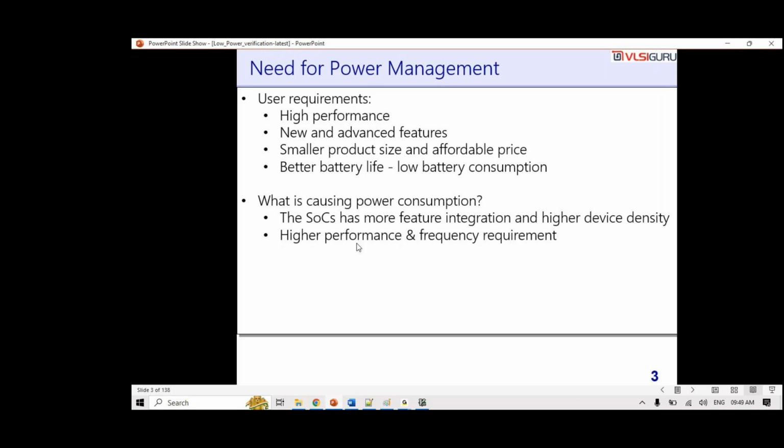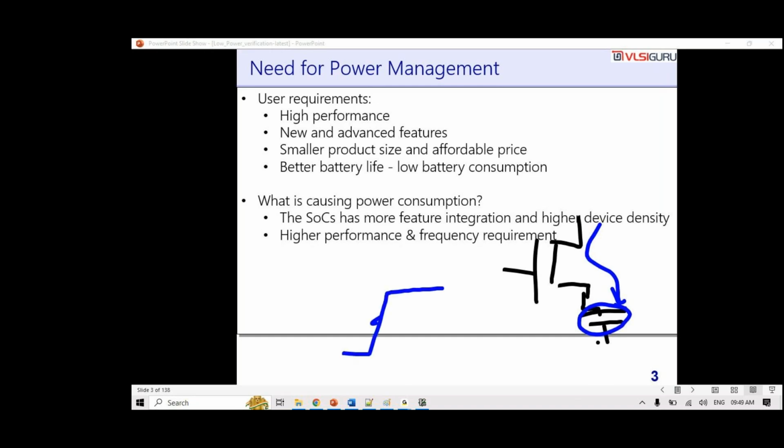As you increase the voltage, the switching speed increases. What is switching speed? If you have a transistor, there is a parasitic capacitor. As you increase the flow of this current, this will charge quickly. That will increase the switching, where it can go from 0 to 1 quickly, instead of going slowly. That current is increased by increasing the voltage difference, so that is the supply, the voltage domain we are talking about.